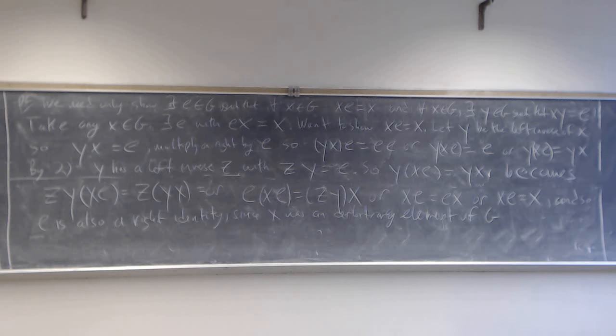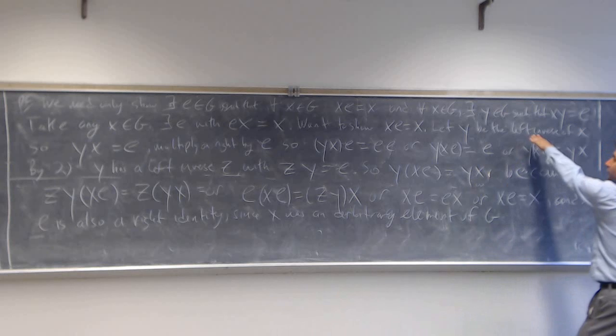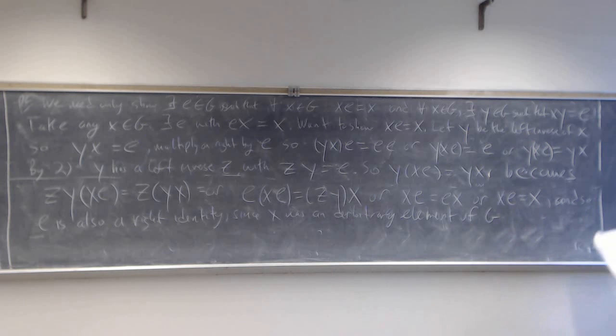XE is equal to X. Notice we can't just use the left identity property to prove that it is also a right identity. We need to use the left inverse property a couple of times. Okay, now what's the other way?